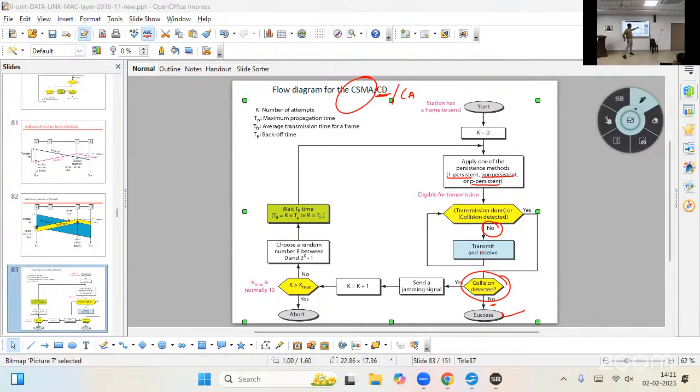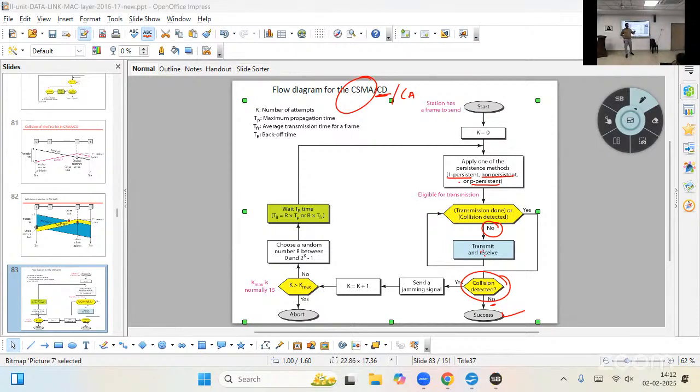I want to transmit my frame, so we need to be persistent and check that there is no collision. Transmit the frame; if there is no collision detected, it is successfully transmitted.